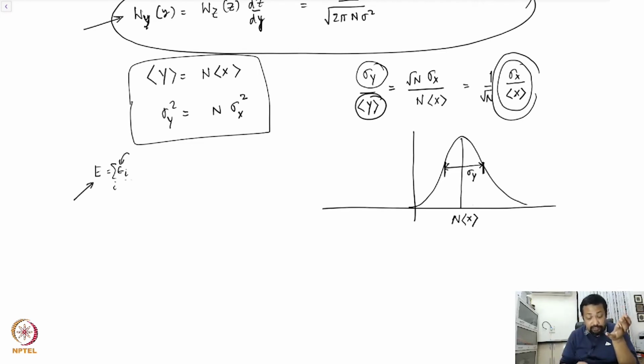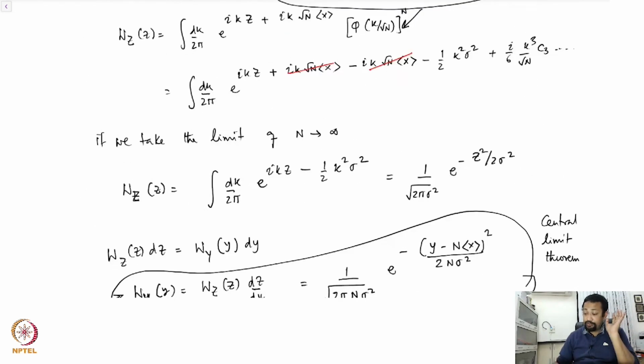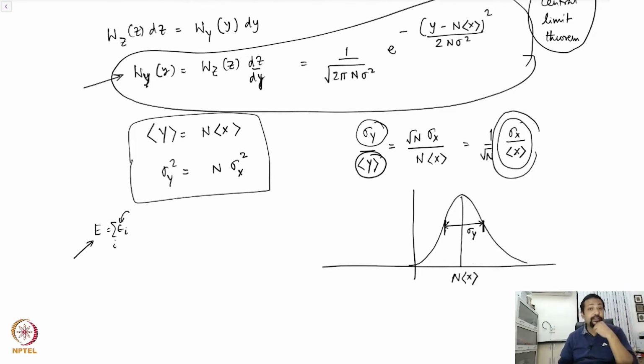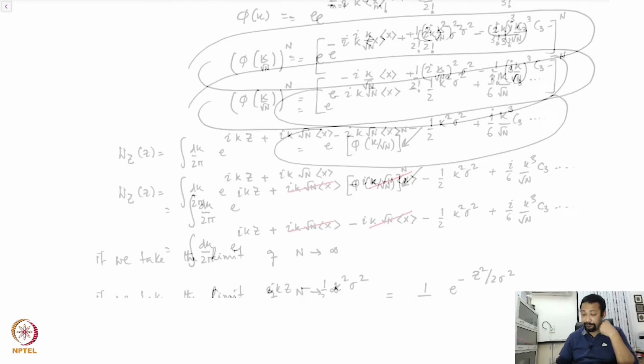Consequently, irrespective of the distribution of the individual energies of the particles, the macroscopic energy E will have a Gaussian distribution, and that is a consequence of your central limit theorem. So the central limit theorem is extremely powerful, and we shall exploit its power later on in statistical mechanics.